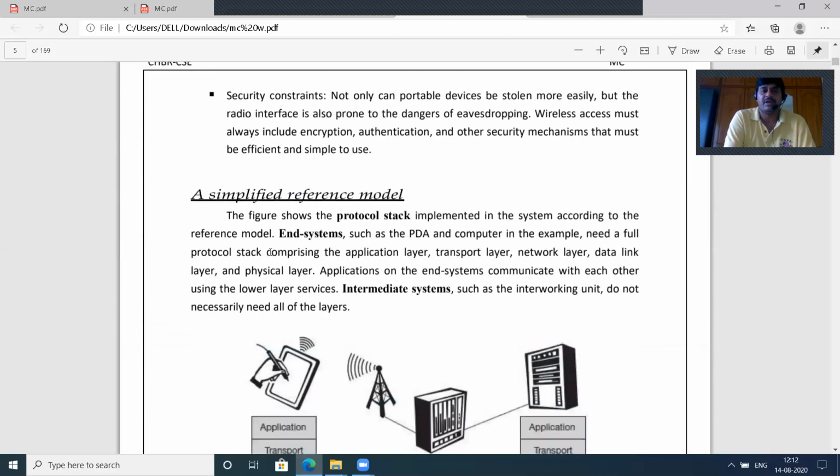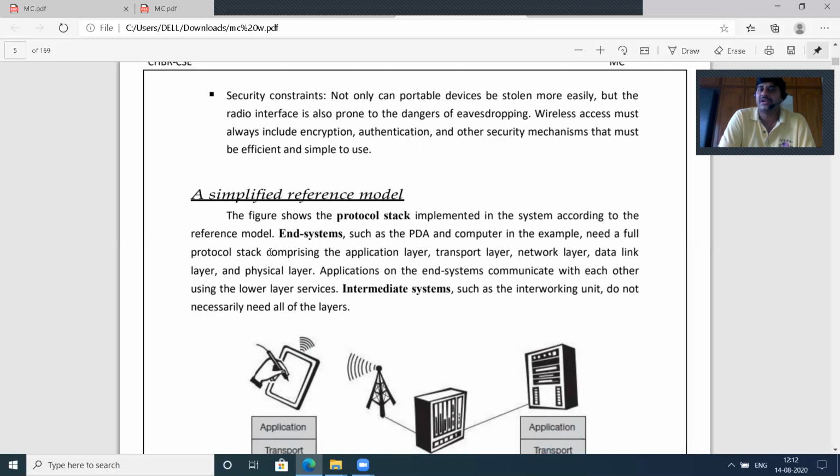And the last one is security constraints. This is the main concern as far as wireless communication and mobile computing are concerned. Not only can portable devices be stolen easily, since a mobile is very portable in size, which is a normal case, but the radio interface also can be attacked.